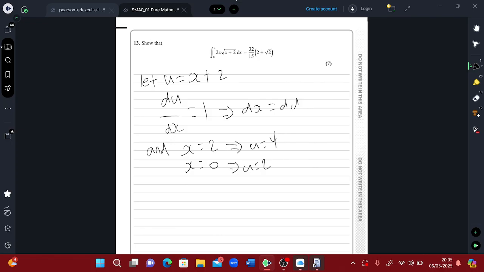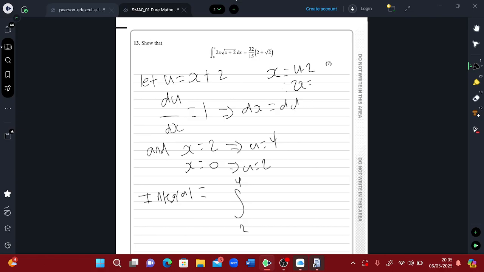Now we can change our integral. So I equals the integral between 4 and 2 of 2x. Actually, we can convert 2x, can't we? Because if we know u is x plus 2, that would mean x is u minus 2.